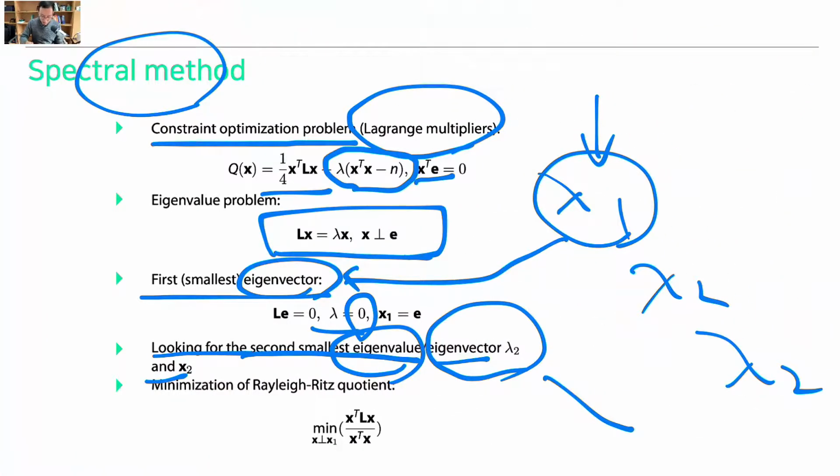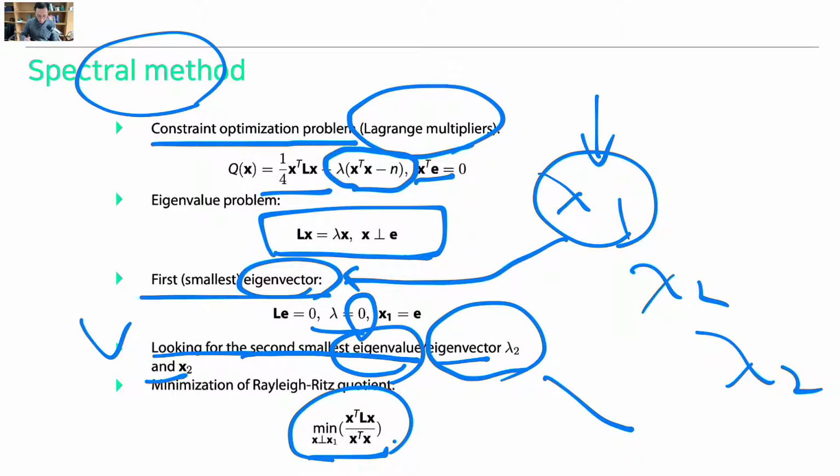Solving the optimization problem is the same as solving the eigenvalue eigenvector problem, and in practice, people actually proved that the second eigenvalue and eigenvector is able to find the identifiers. So that is the key. And to get the eigenvalue and eigenvector, we use the Rayleigh-Ritz quotient. So we minimize this. So it is just related to the eigenvalue eigenvector problem.